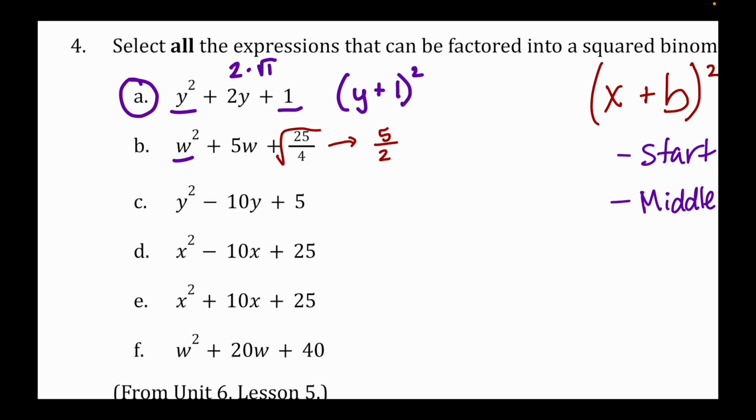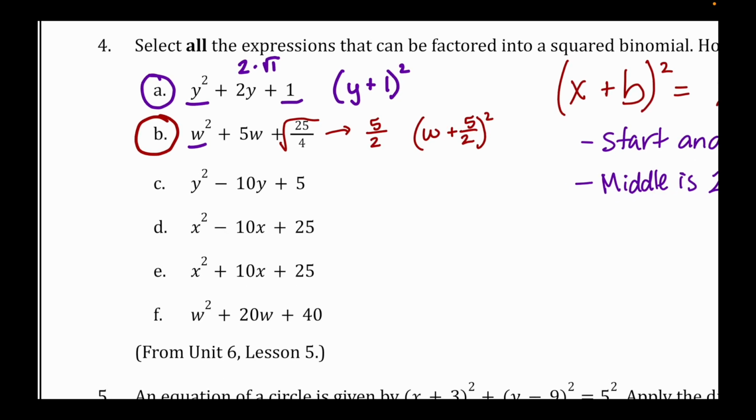And if I doubled that, becomes 5. So b actually is able to be written as a squared binomial as well. This one would be w plus 5 over 2 squared. Now, it's not asking you to do all of these written in the squared binomial form, but I'm just showing you what it would end up as.